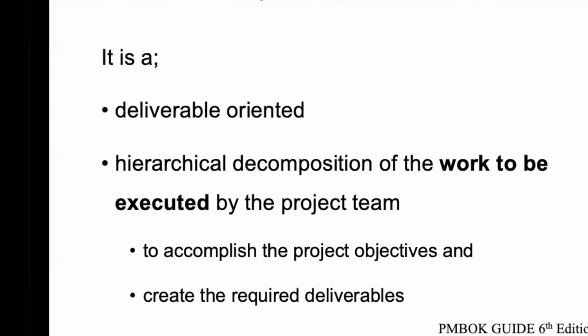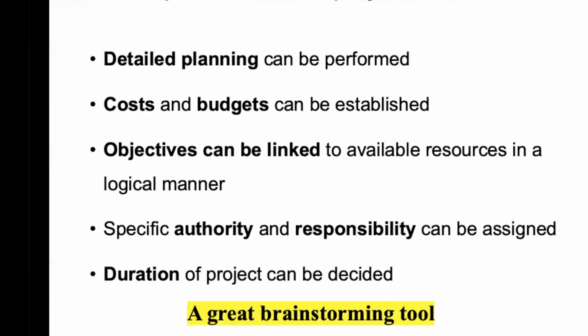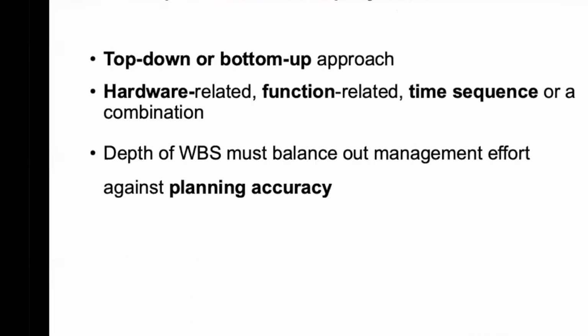Do you do the lighting first, furniture first, or IT first? You have to think about which comes first. It's a good brainstorming tool. We mentioned that you can attach cost, assign people the work, and think about the durations. It's a top-down approach, or bottom-up.